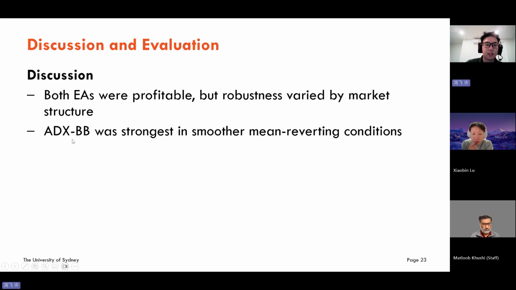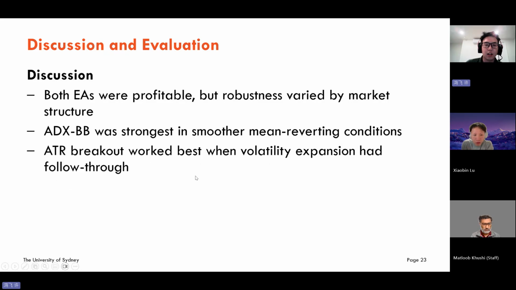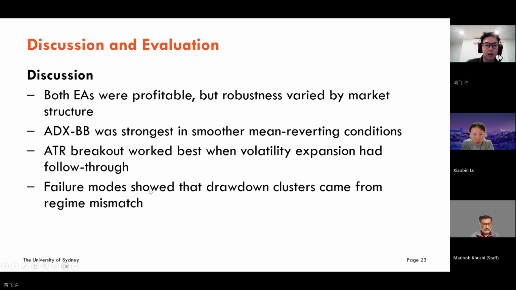The ADX Bollinger Band was the strongest in smooth mean-reverting conditions, and ATR breakout works best in markets like Bitcoin. Failure modes showed that the drawdown clusters came from regime mismatch. It's hard to tell when it will shift from sideways to trending.